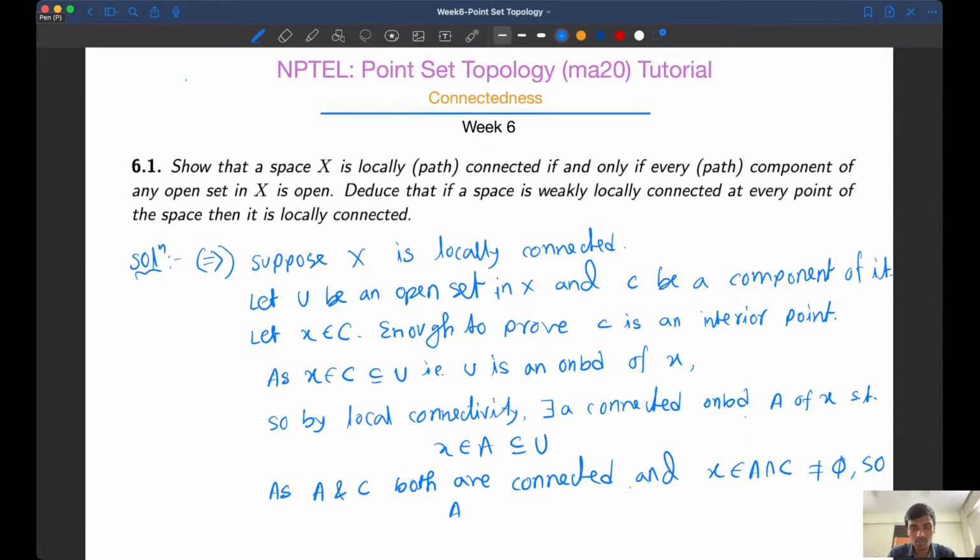A union C is connected. Moreover, A union C is contained in U and C is contained in A union C, but C is the maximal connected subset inside U. So A union C cannot be bigger than that, so A union C has to equal C.